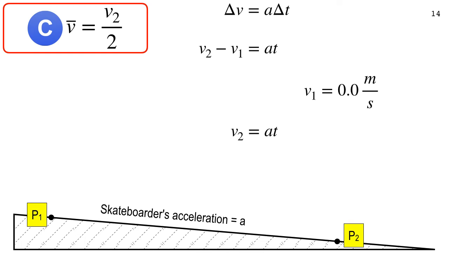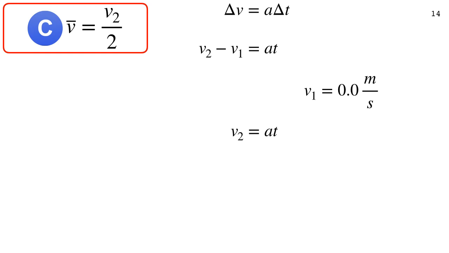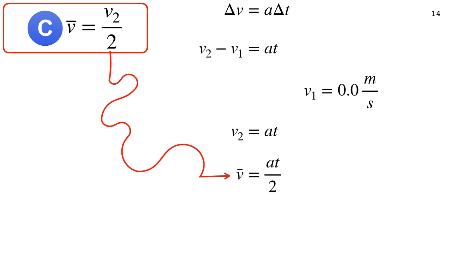Now let's use the average speed formula. We know if we've got acceleration from rest, V2 is equal to AT. And V2 is the numerator up here in the average speed formula. So let's slap that in there. Instead of V2, let's write down AT in the numerator of the average speed formula, add it up and divide by 2.